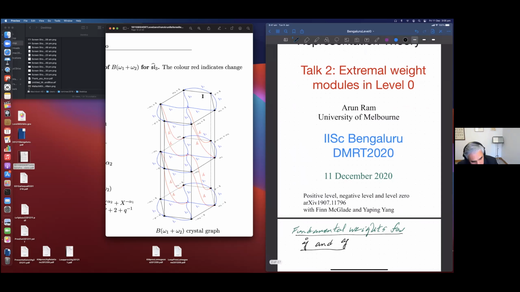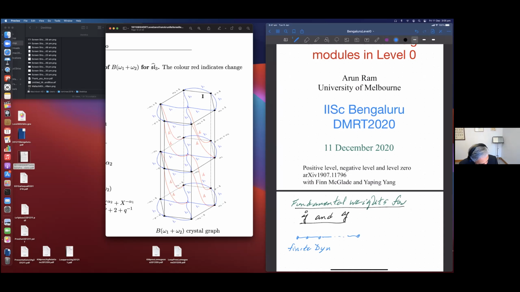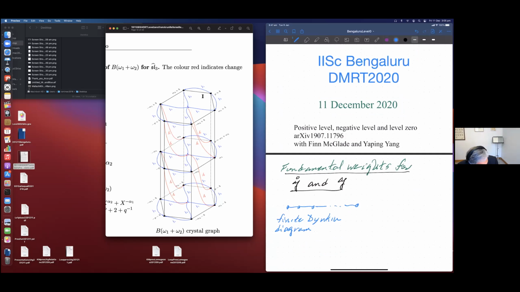The way that I think about it is that you are given, let's start with a Dynkin diagram, which in our case, because I'm focused mostly on SL_N, is a finite Dynkin diagram for the finite dimensional Lie algebra, which is SL_{n+1}, and it has nodes something like this.